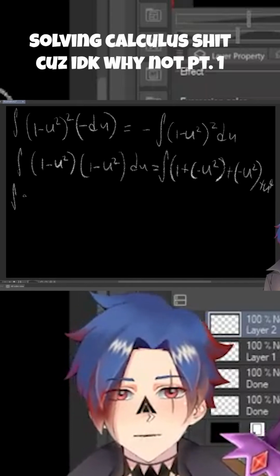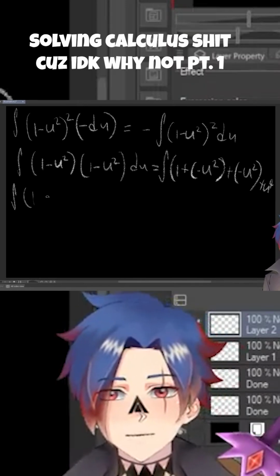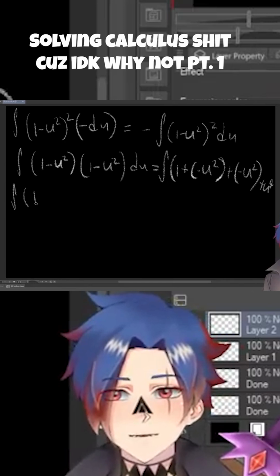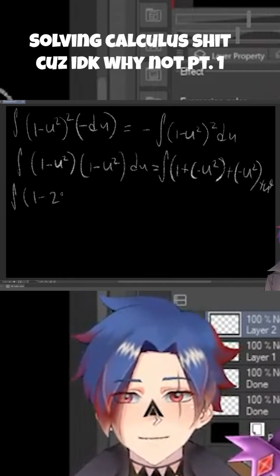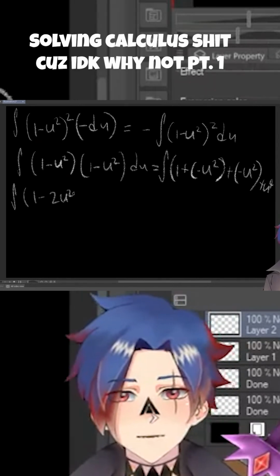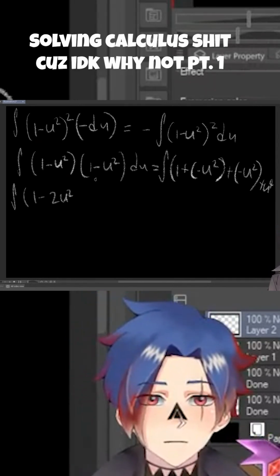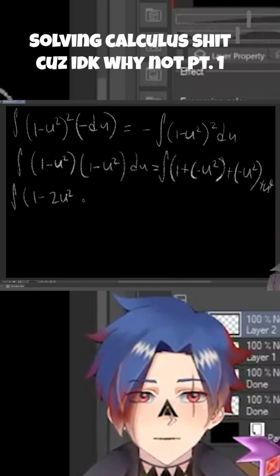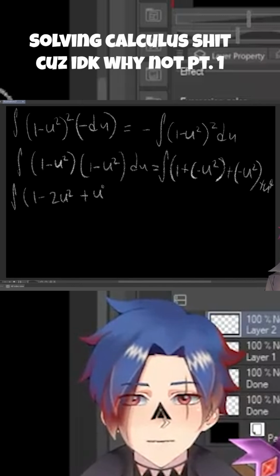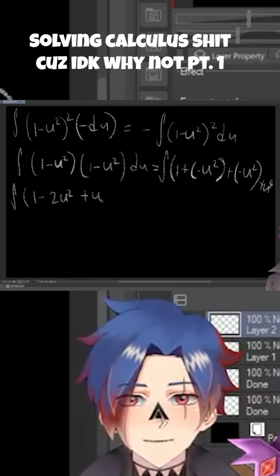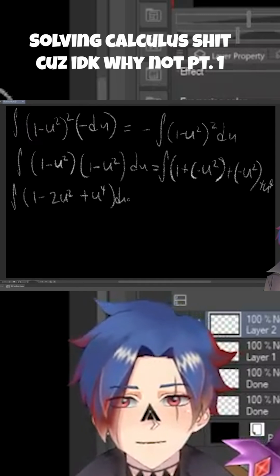Then of course we're gonna simplify that. So 1 plus, it's actually minus because it's already negative. 1 minus negative 2u squared plus u to the fourth power du.